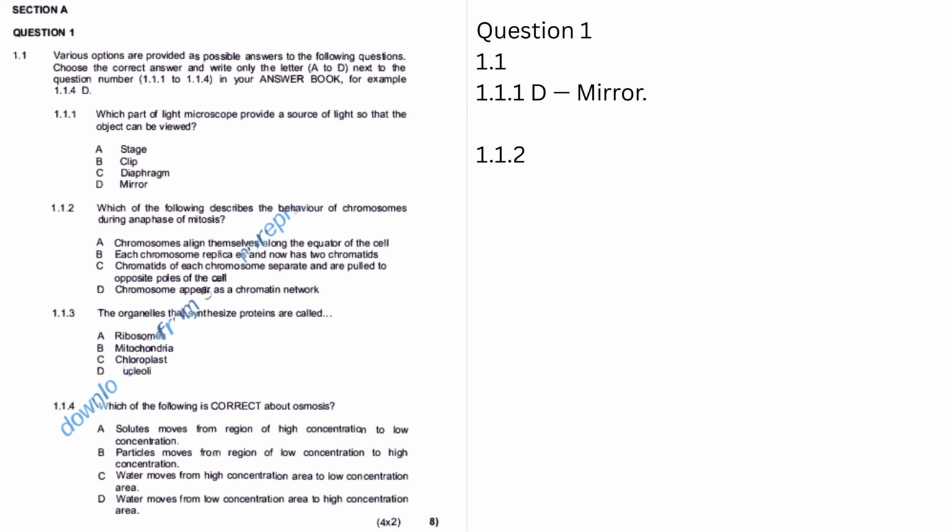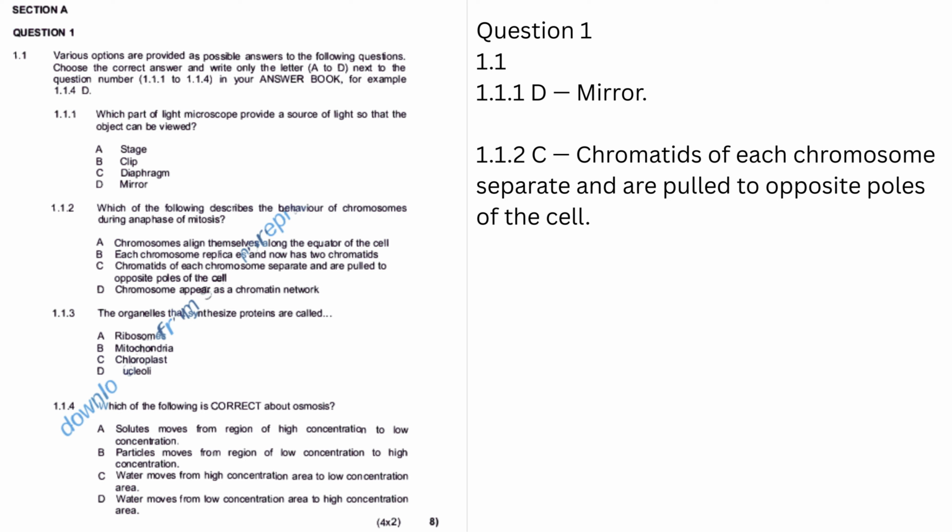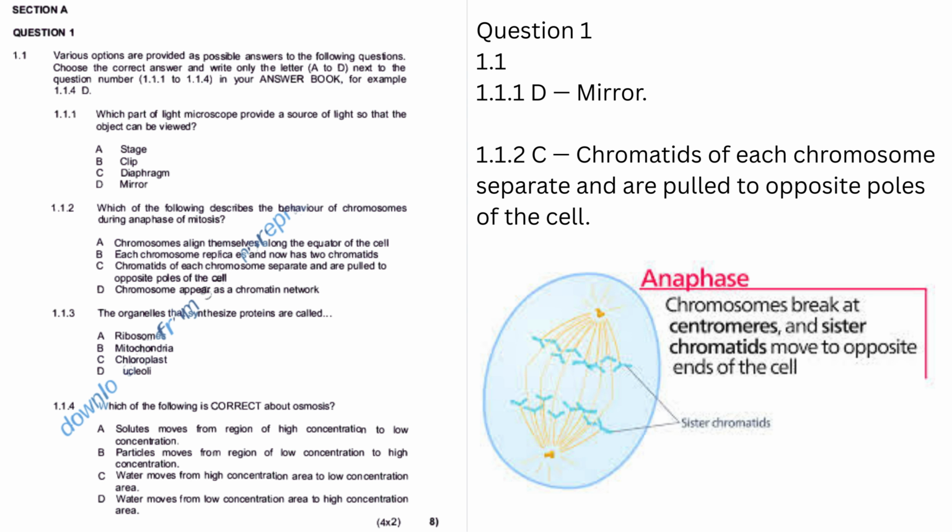Question 1.1.2. Which of the following describes the behavior of chromosomes during anaphase of mitosis? The answer is C. Chromatids of each chromosome separate and are pulled to opposite poles of the cell. Why is that? Because anaphase literally reminds you of away phase.